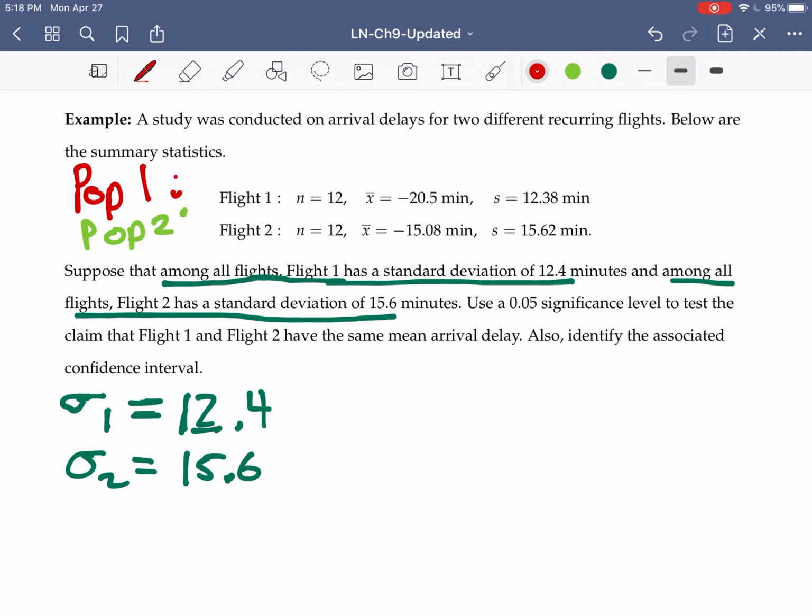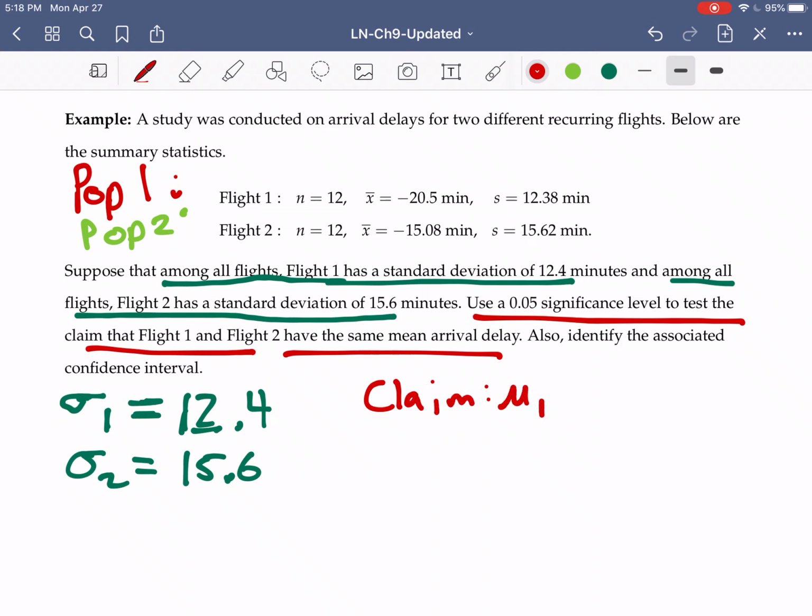Again, we're using the 0.05 significance level to test the claim that they have the same mean. So the claim is mu1 equals mu2. The opposite is they're not the same, mu1 not equal to mu2.